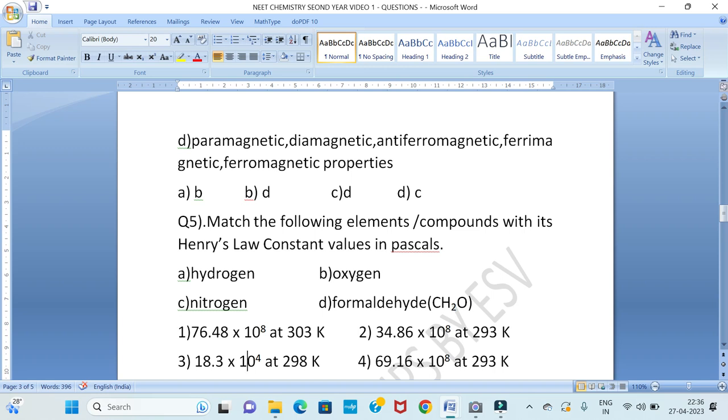That is why I have multiplied all values by 10 to the power of 8. Here 10 to the power of minus 5 into 10 to the power of 8 means 10 to the power of 3.